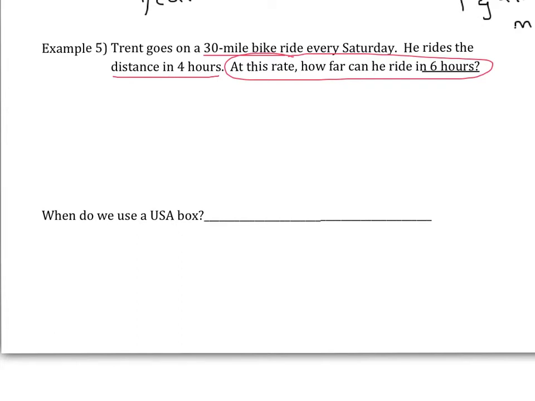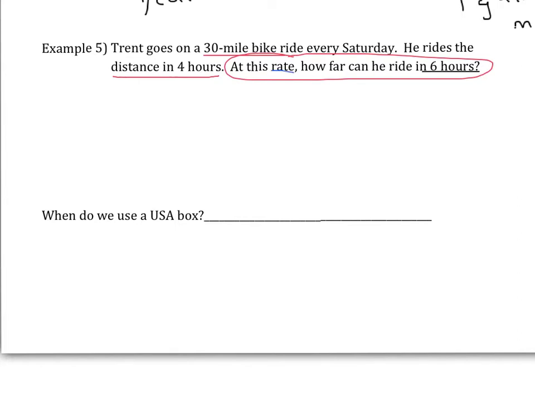Okay. Now, before we go into how to solve this problem, this is the type of problem that we want to use something called a USA box on. And a USA box is something we use when we are solving problems that involve proportions or rates or ratios. So let's brainstorm what words we might see that could signal, oh, this is a USA box. One word, we just saw this word, the word rate.